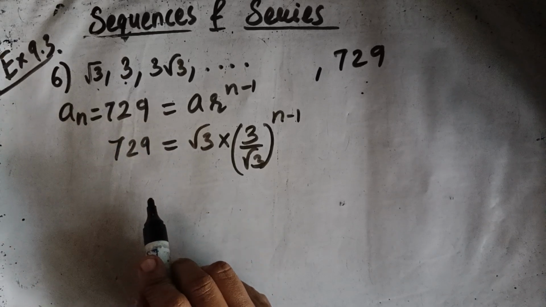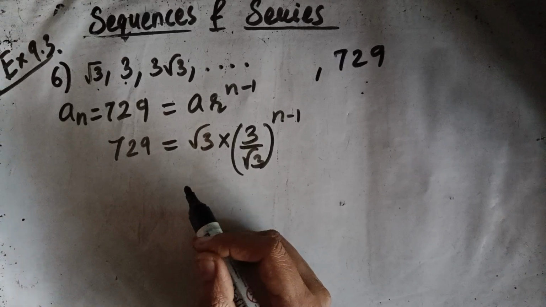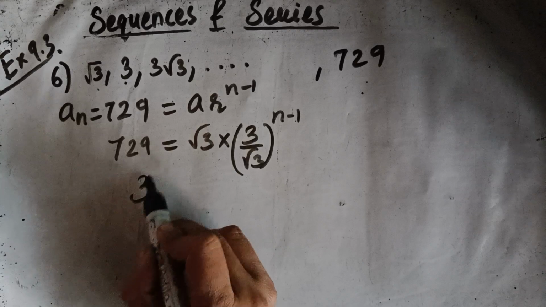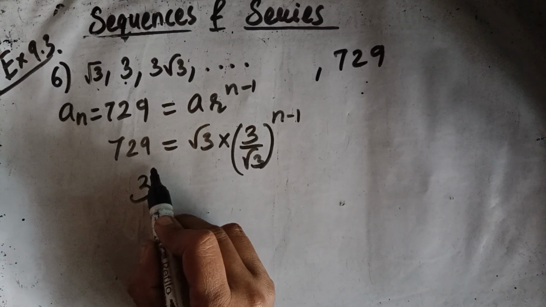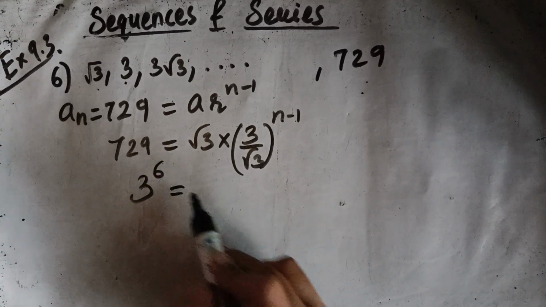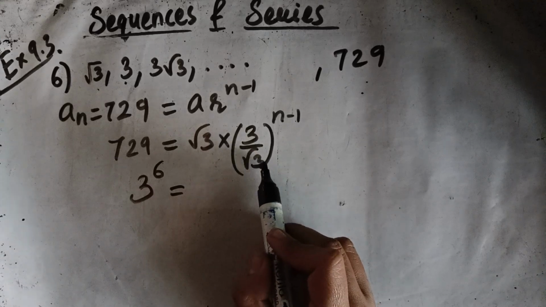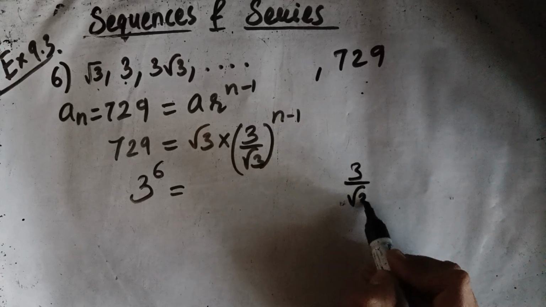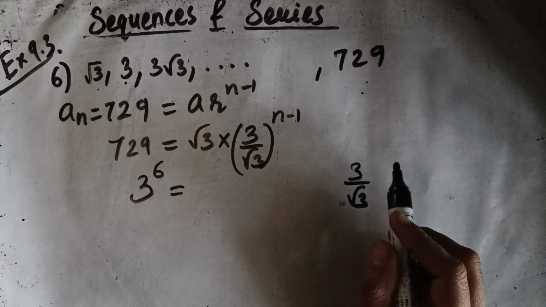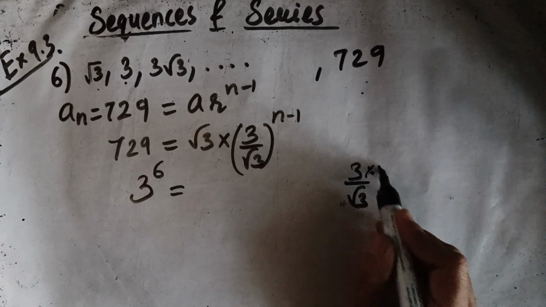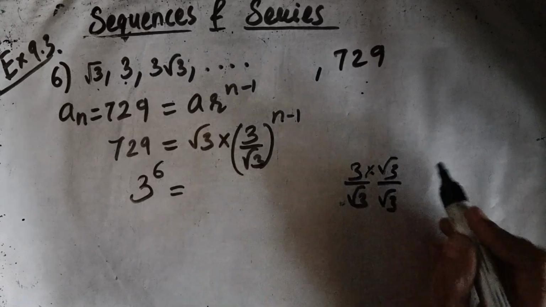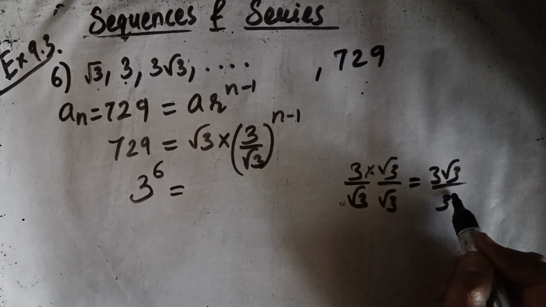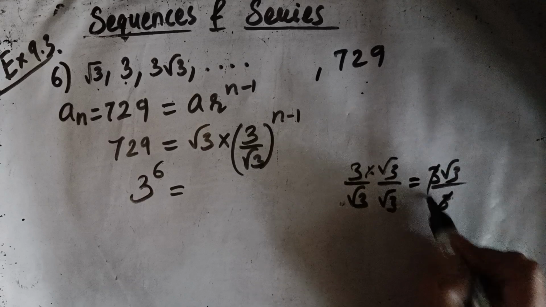Now for 729, again you have to find the factors, and we'll get that this is 3 raised to 6. This we can write as 3 by root 3. If I multiply by root 3, this will be 3 root 3 upon 3. Correct? So this is root 3.